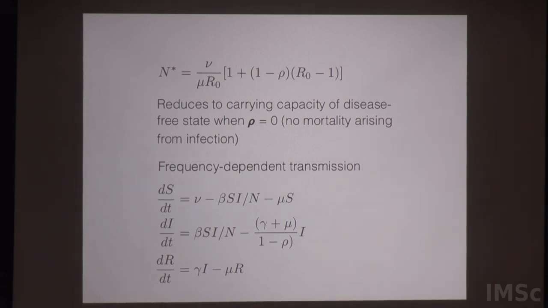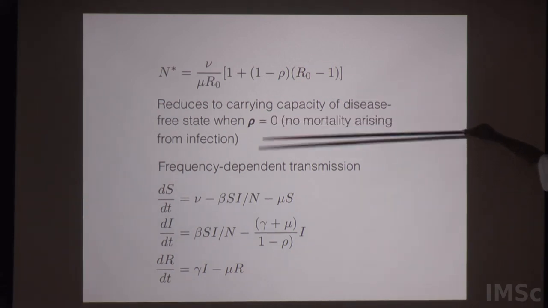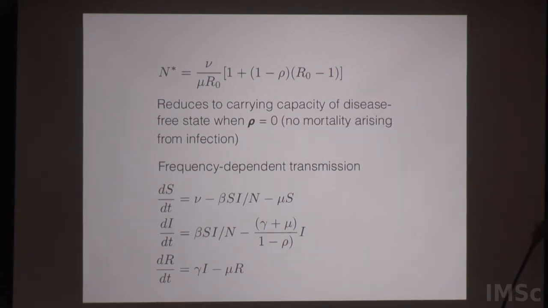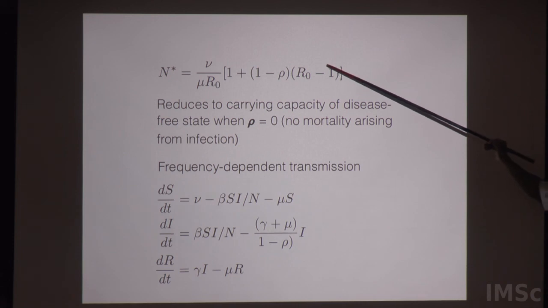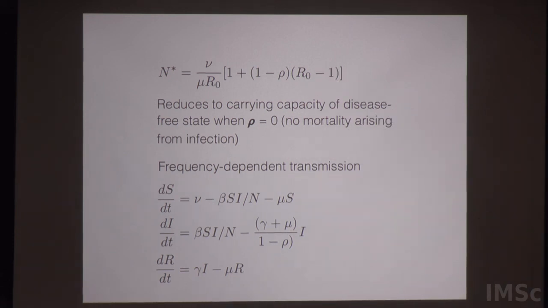How do I calculate N star? I basically calculate S star plus I star plus R star, which is the total N at a particular point, and that's what this corresponds to. If I set rho equal to 0, then various terms cancel out. It reduces to what is called the carrying capacity, the actual number of the disease free state in this particular case.